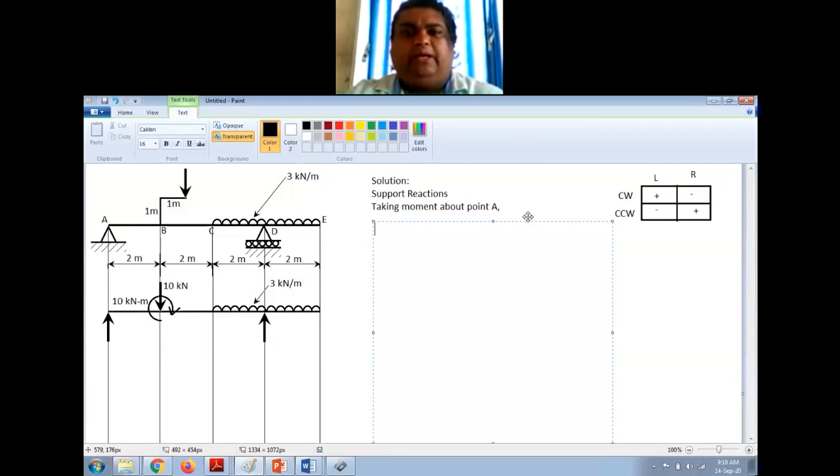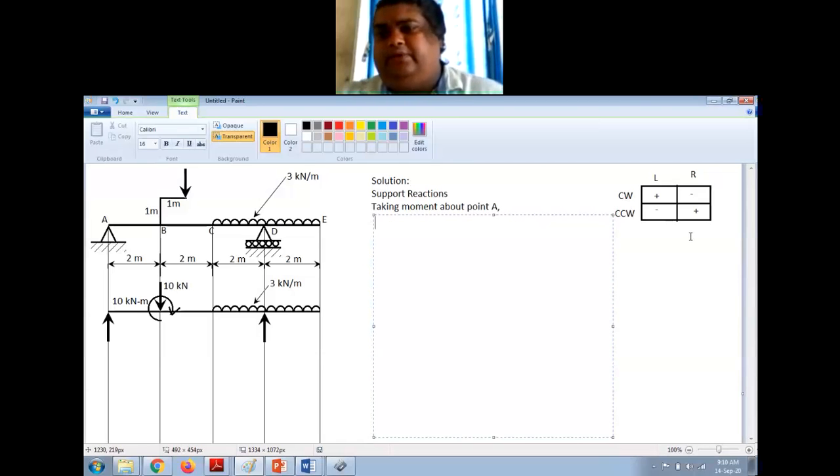Some students were asking, should we follow the same sign convention? There is nothing like that. This is the common sign convention which everyone follows.